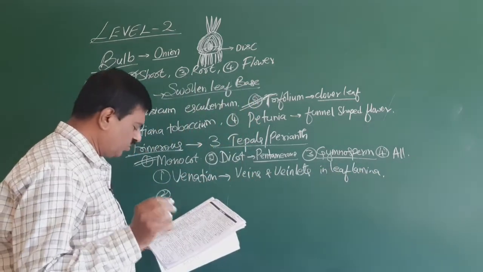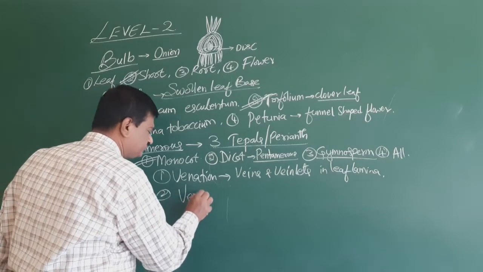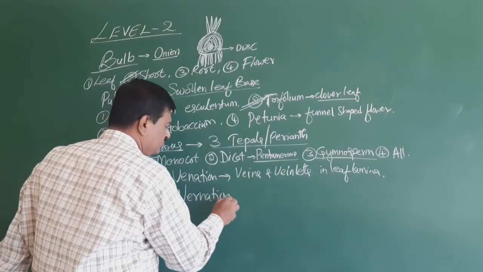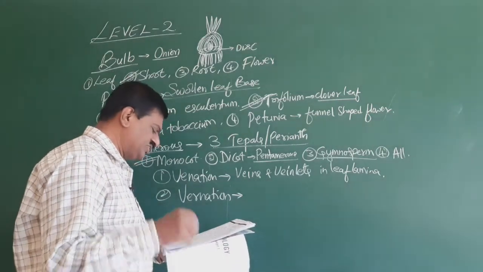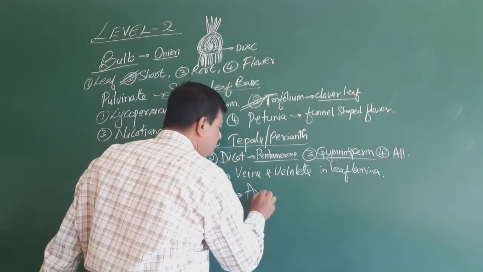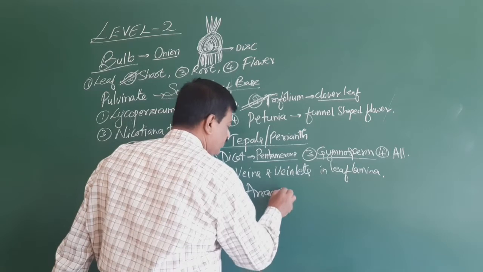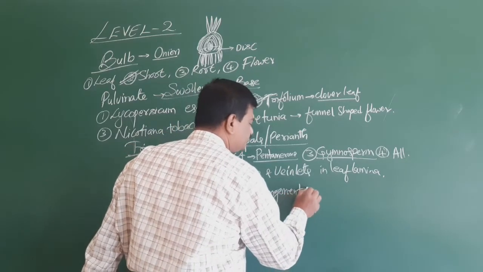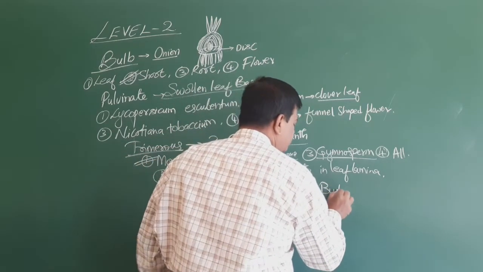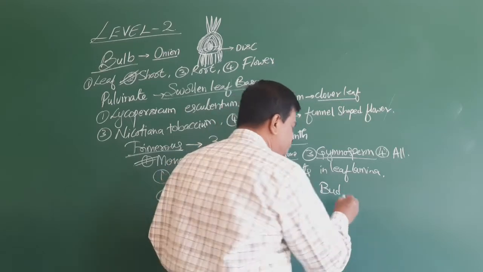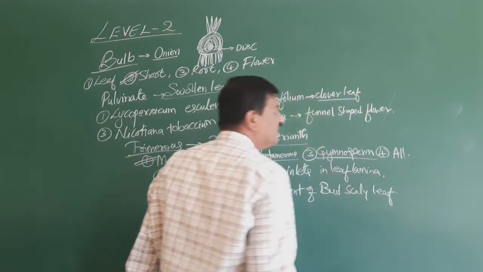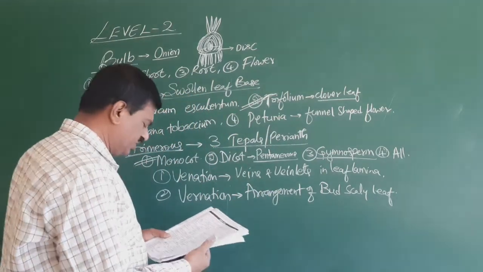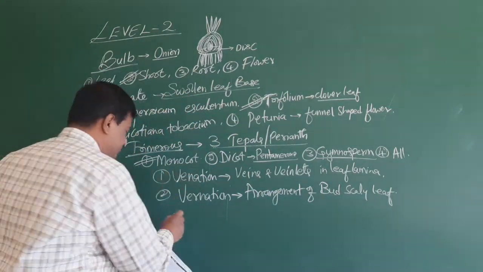The second one is vernation. Vernation is nothing but arrangement of leaves in a bud, or we use the word scaly leaves. Scaly leaf in a flower bud is usually called vernation.